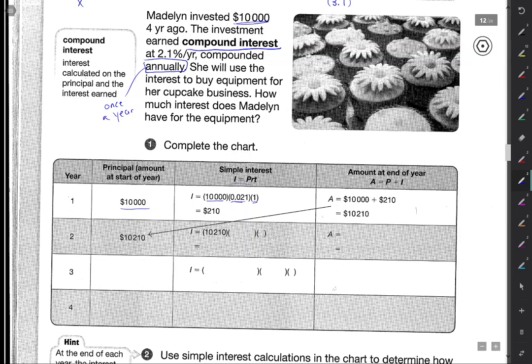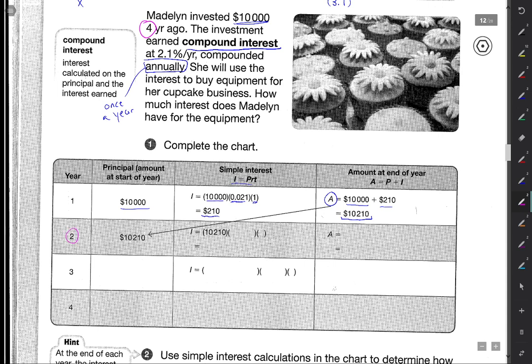So then they switch that to a decimal. If we multiply that all together, we get $210 as the interest. Then we can find the amount of money that she has by taking the initial amount, $10,000, and adding that interest on, that $210. So at the end of the first year, she's going to have $10,210.